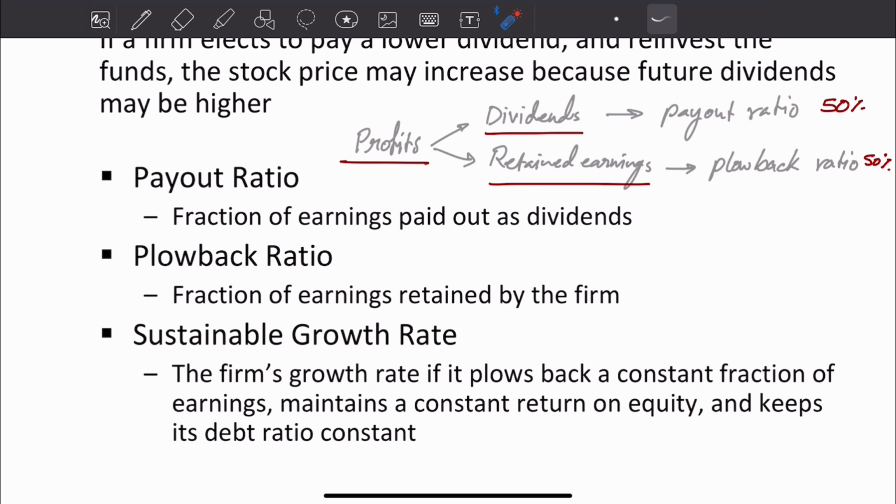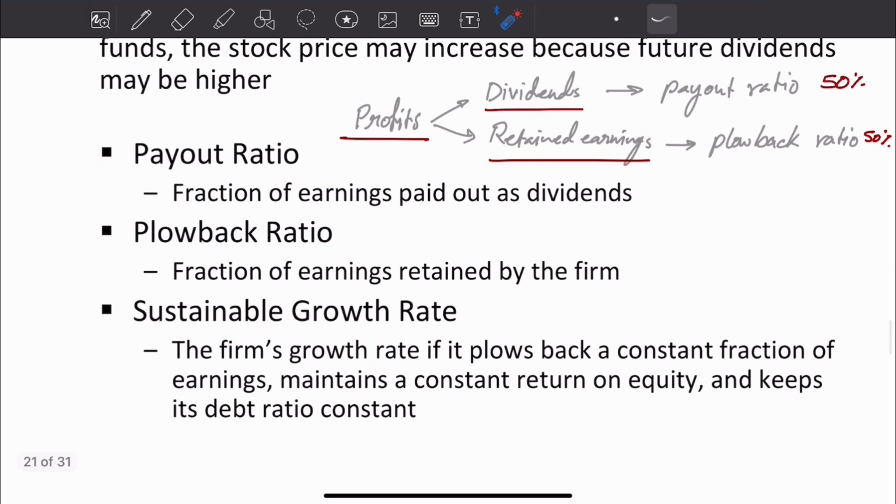Okay? So a sustainable growth rate is the firm's growth rate if it plows back a constant fraction of earnings, maintaining a constant return on equity, and keeps its debt ratio constant.